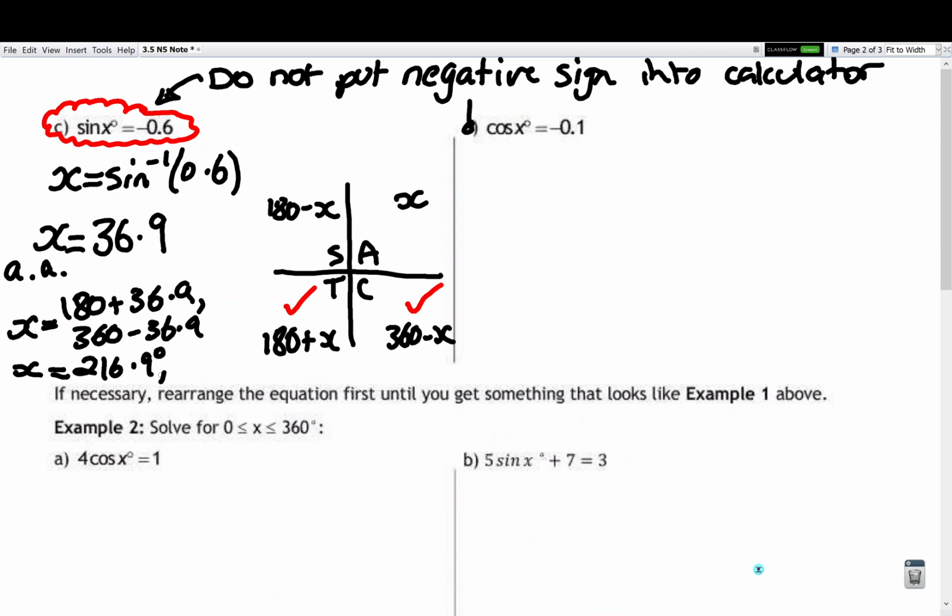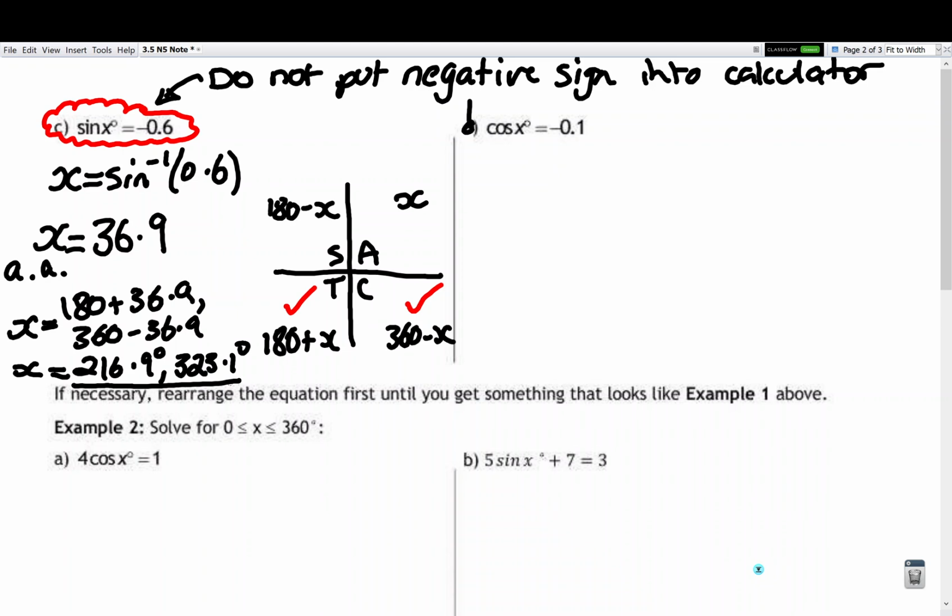And the second one, take 36.9 away from 360: that's 323.1. These are our two solutions. If you drew the sine curve and the line y equals minus 0.6, a horizontal line below the x-axis, the curve would meet the line at those two values in the x direction.